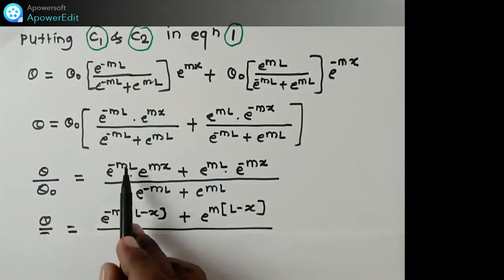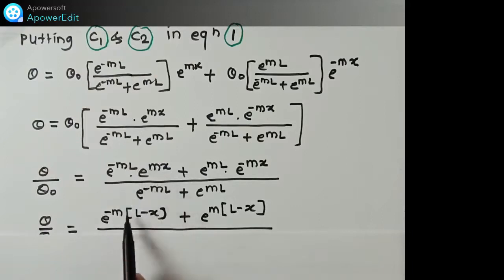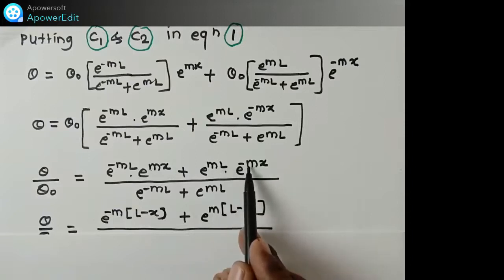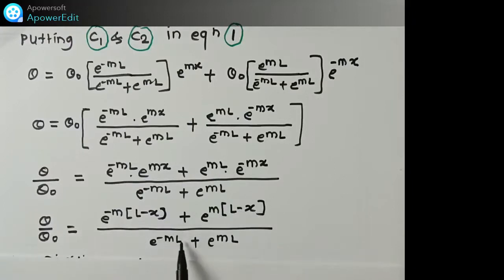Then we can observe here that m is the same, so we can take it common. So at the numerator, e raised to minus m bracket L minus x. Similarly here m is the same, we can take common, bracket L minus x. At the denominator, e raised to minus ml plus e raised to ml.